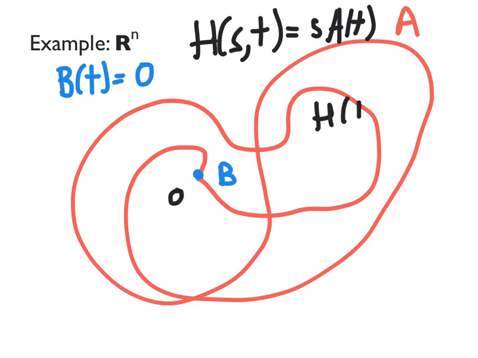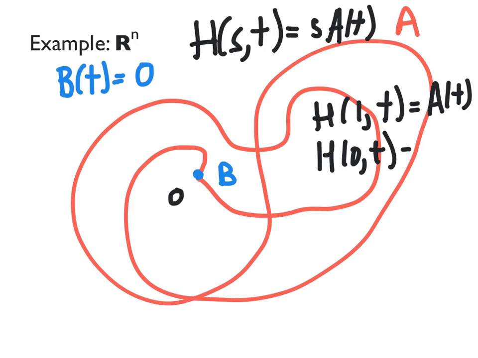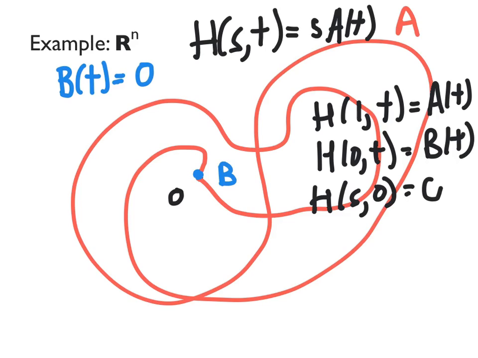So you can see that h of 1 comma t is a of t, h of 0 comma t is b of t, and you can also see what happens at h of s comma 0 and 1, because all of these paths start and end at 0.